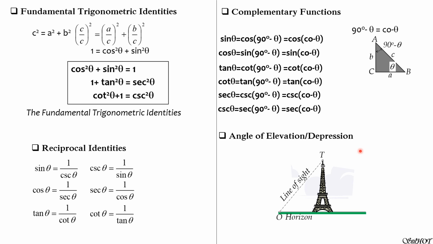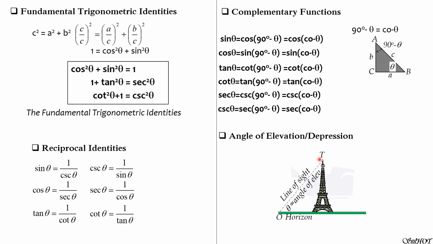So the angle between the horizon, the horizontal line through the eyes of the observer, and the line of sight: if the line of sight is above the horizon, that's the angle of elevation.